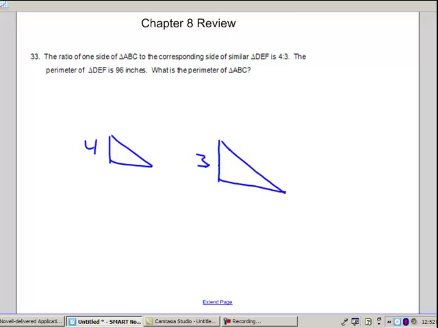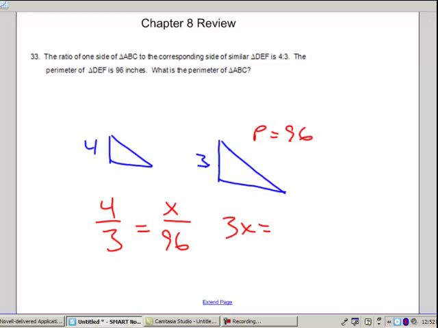So DEF, the perimeter, is equal to 96. So the ratio of the perimeters is the same as the ratio of the sides. So in this particular case, 4 to 3 has to be the same as the perimeter of ABC to 96.